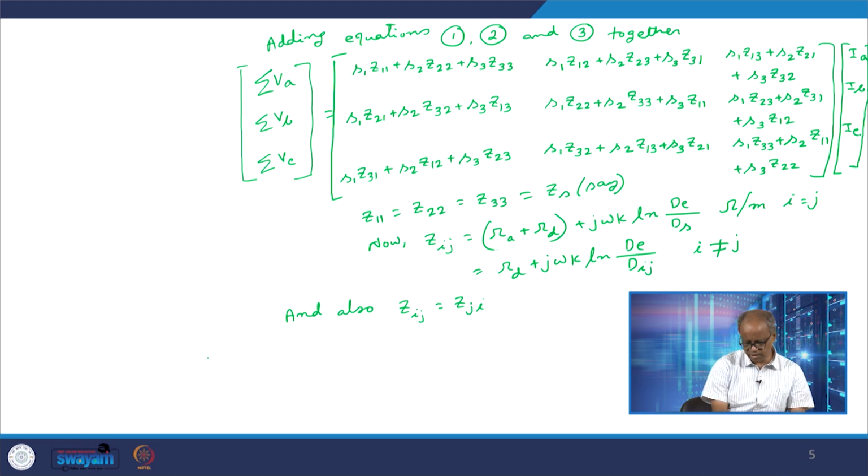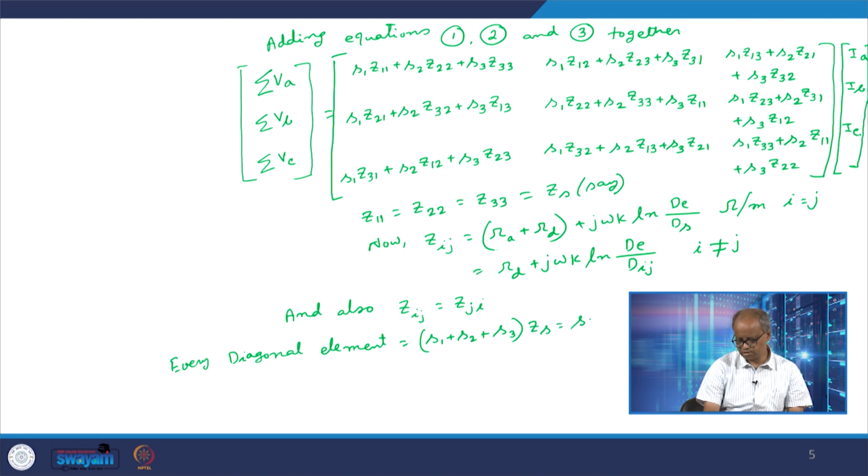because this is a symmetric matrix. Now, what would be the diagonal elements of this matrix? Every diagonal element would be S1 plus S2 plus S3 into Zs, say it is S into Zs.